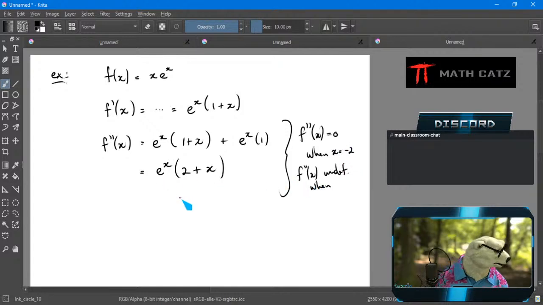And e to the x is 0 when? Same questions coming up, and that's how we learn. Important questions, underestimated how important they are. E to the x is 0 when?